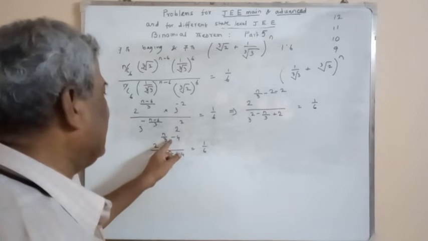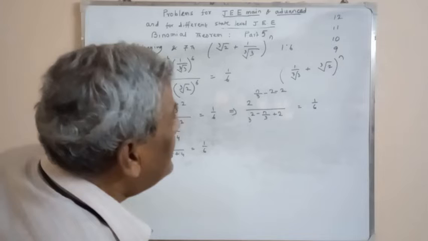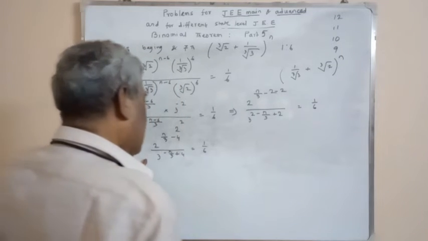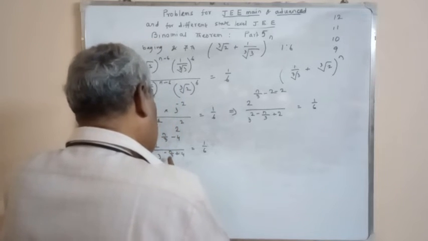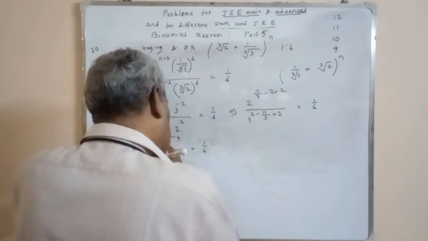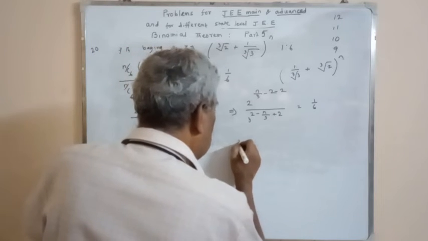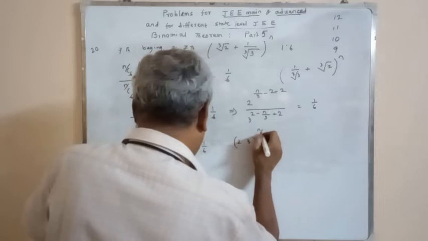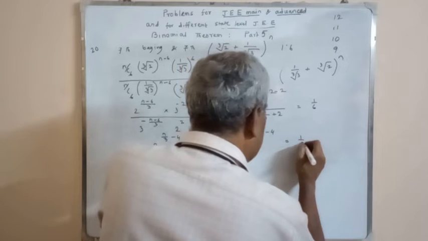This power is just the negative of that. So we have to find n. Then this, when taken in the numerator, it will be plus. So 2 to the power this into 2 to the power, same thing. So it is 2 into 3 to the power n by 3 minus 4 is equal to 1 by 6.